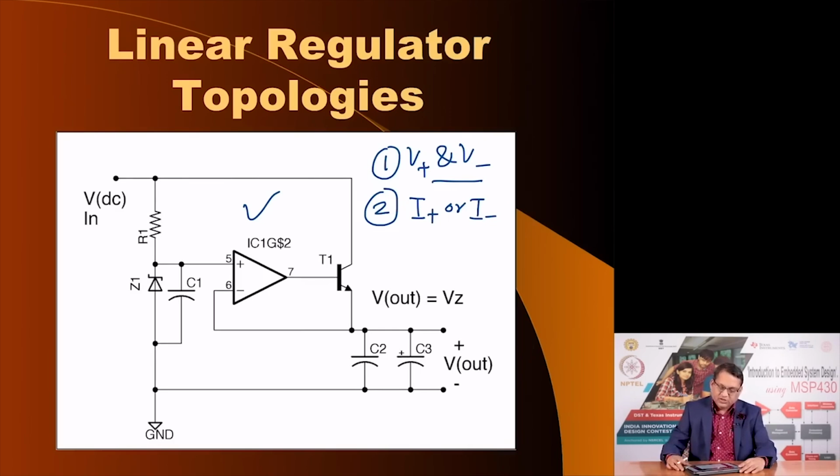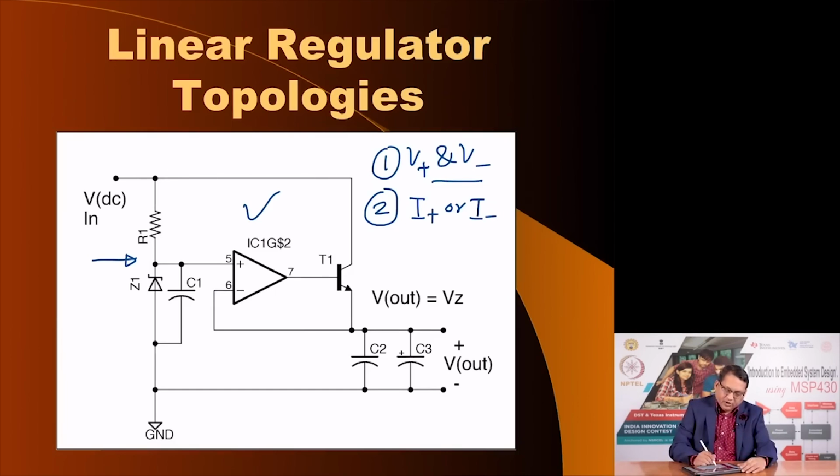Anyway, we can use these two rules of thumb to see how this op amp circuit together with the transistor can work as a linear voltage regulator. I apply a Zener voltage as in the previous case at the non-inverting terminal. The principle of operational amplifier is to ensure that when you have negative feedback, the two input terminals will have identical voltage.